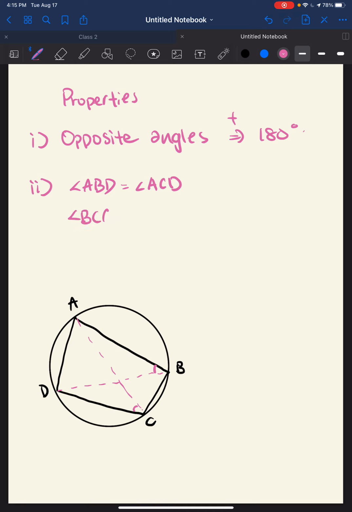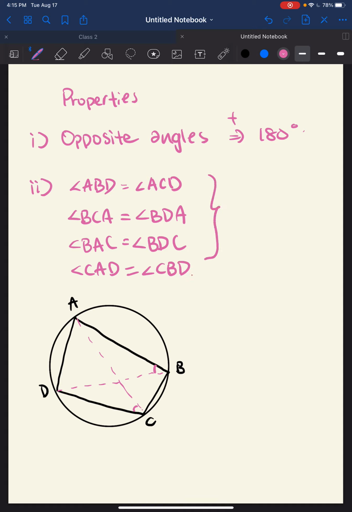Angle BCA equals angle BDA. Angle BAC equals angle BDC. And angle CAD equals angle CBD.